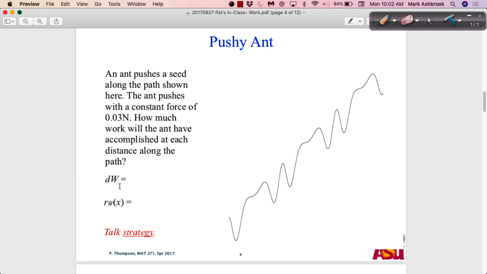So we know that work is force times distance. If I just wanted to say the little bit of work of the ant, say right around that little bend right there, how could I calculate that little bit of work, say for 2 steps that the ant takes around that bend? So what would it be?